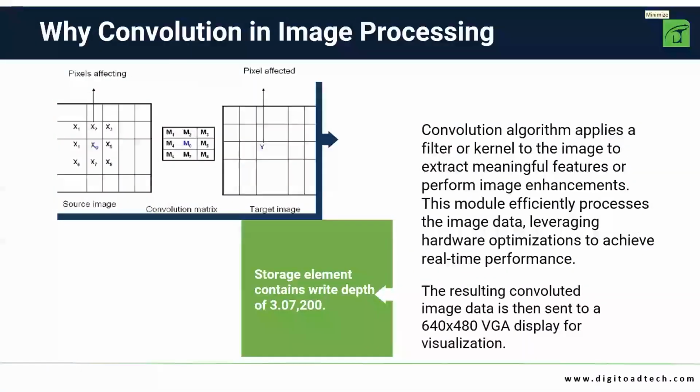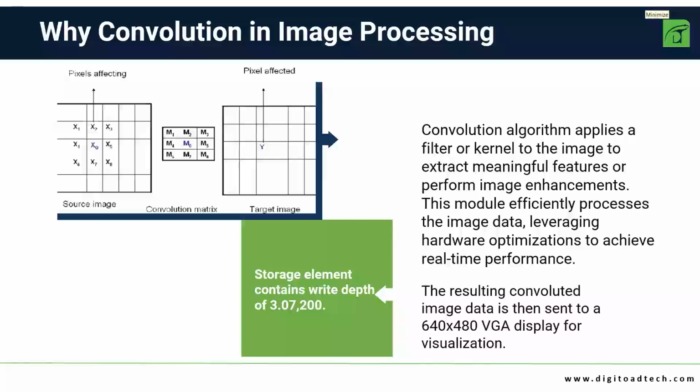So what is the convolution algorithm in this? It is applied to the pixels that we receive from our CMOS camera. Once the CMOS camera is capturing all those data, those pixel data are stored in a matrix format.